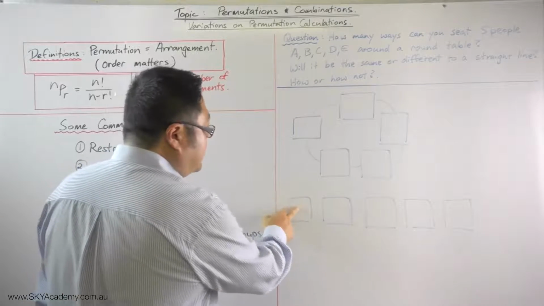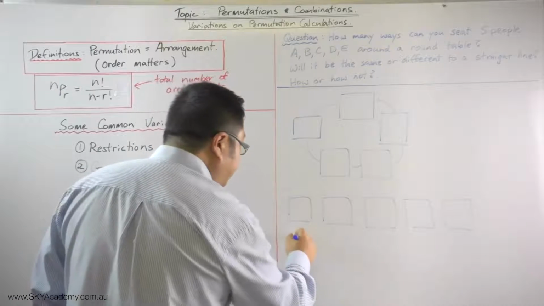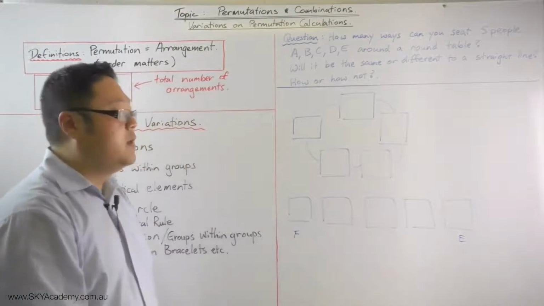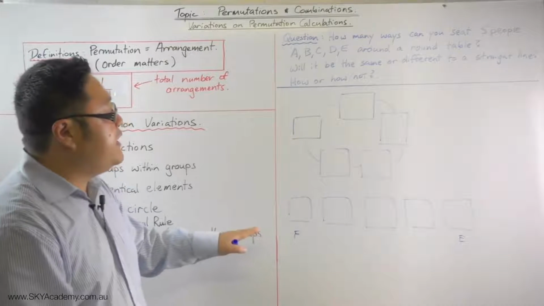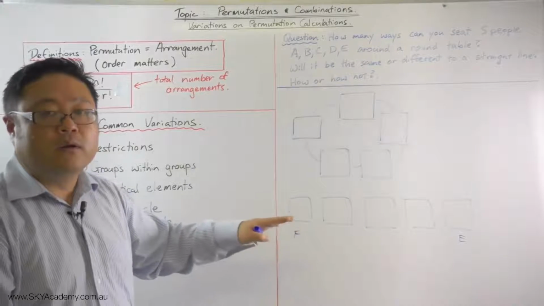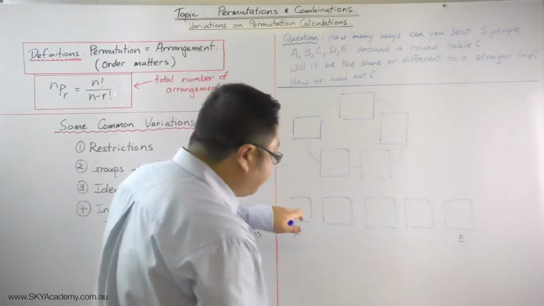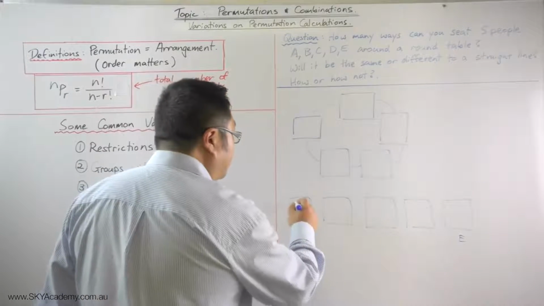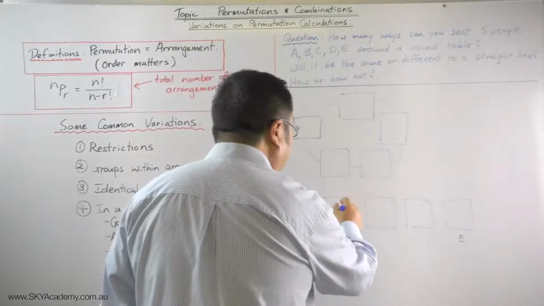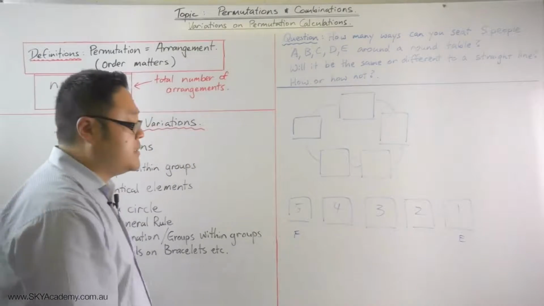In a straight line, where this is clearly the front and this is clearly the end, you'll have 5 factorial permutations, because in the first position you can put 5 people, in the second position 4 people, then 3, 2, and then 1 person's left over.